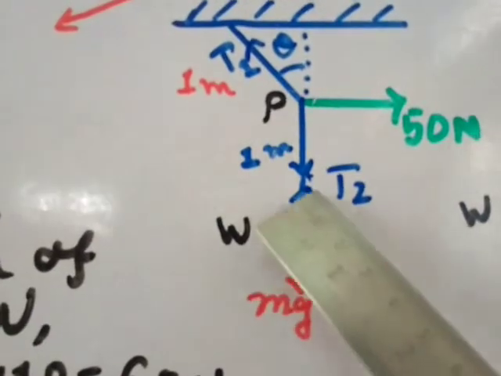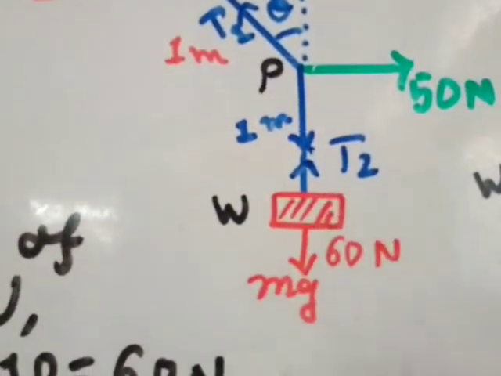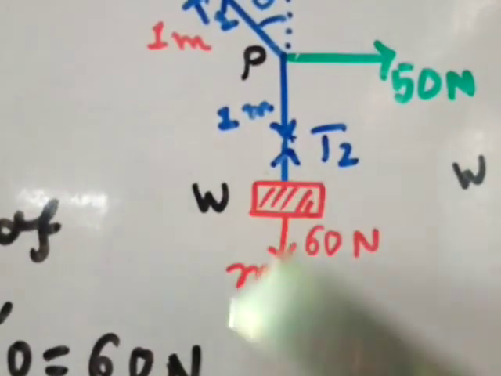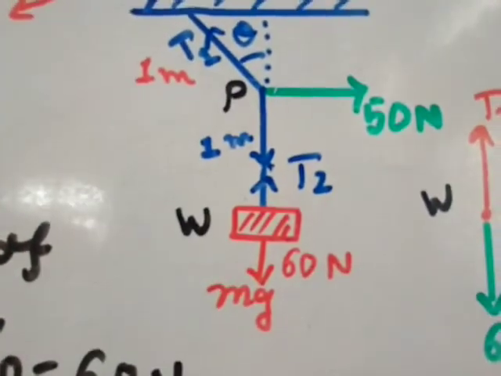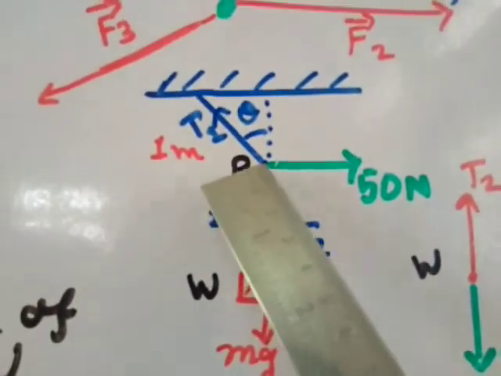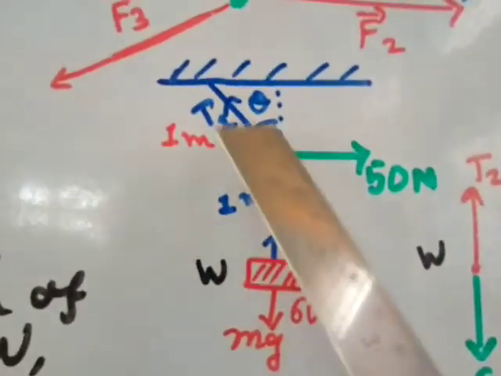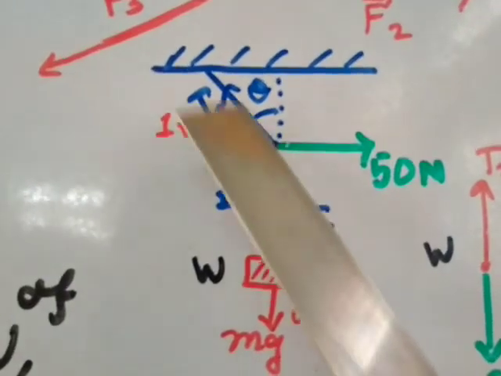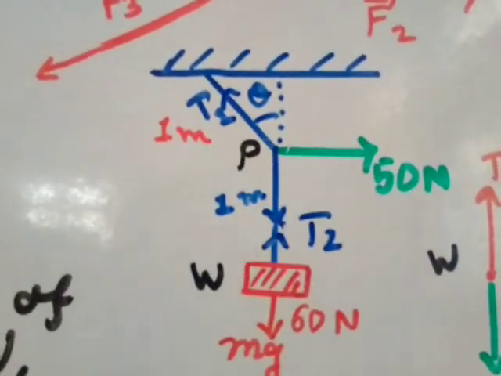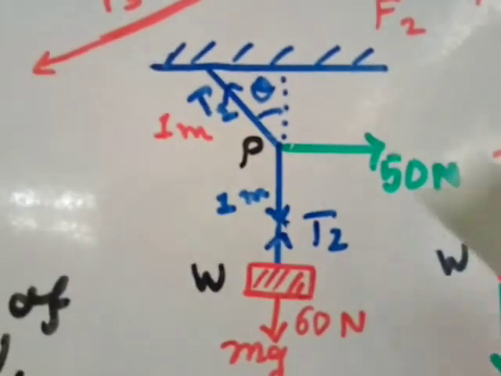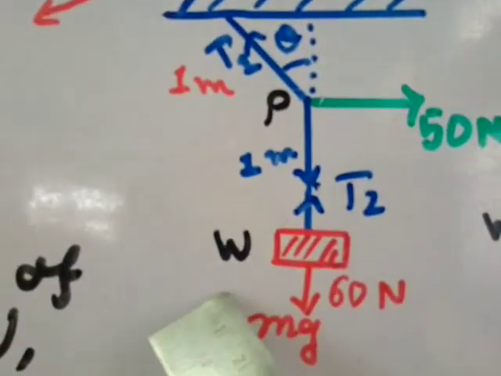This T2 and this mg will be in equilibrium, so they will be equal to each other. Since they have said that point P is also in equilibrium, there are three forces, one is T1, this is T2, and this horizontal force, and they are in equilibrium. At W they are in equilibrium, that I have written here.